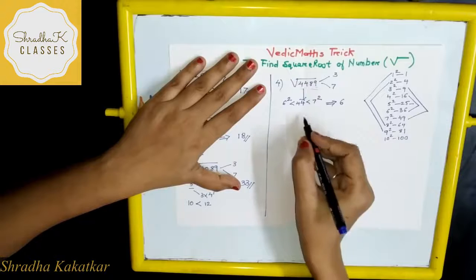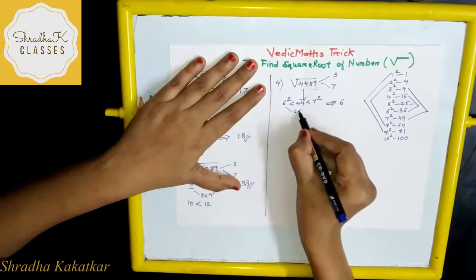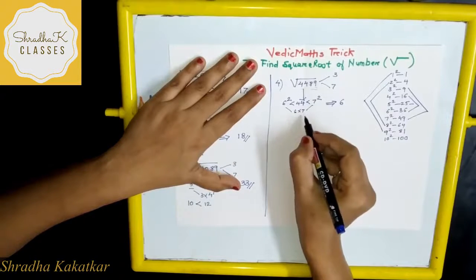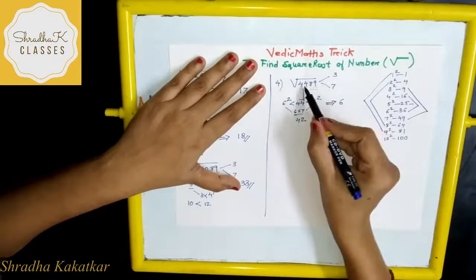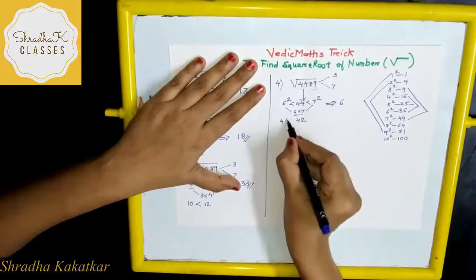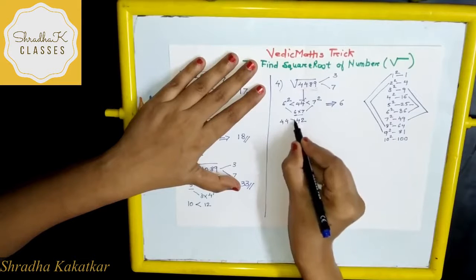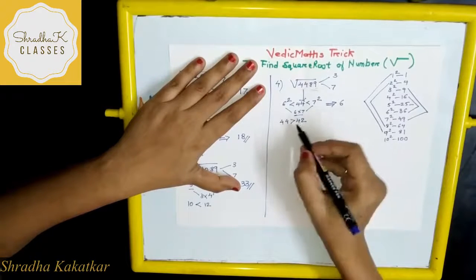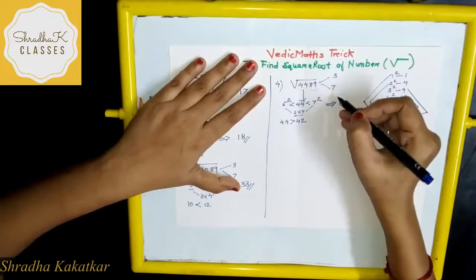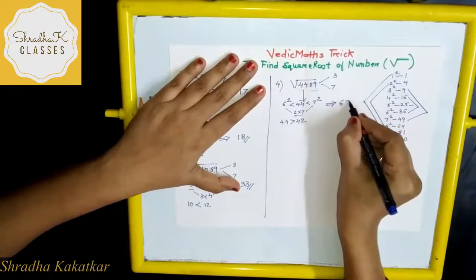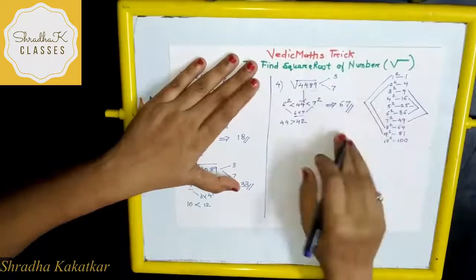Okay, write it down. Now what is the next step? 6 into 7. How much? 6 into 7 is 42. Now you have to write this 44. Is this 44 greater? Yeah, 44 is greater than 42. So now which number you will consider from 3 and 7? It is greater, right? So yes, correct. 7. This is our answer.